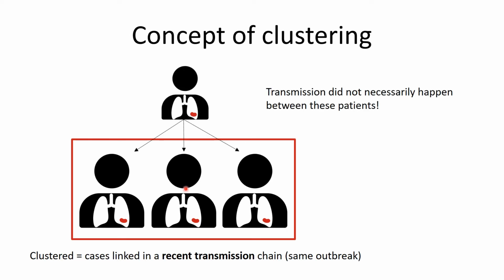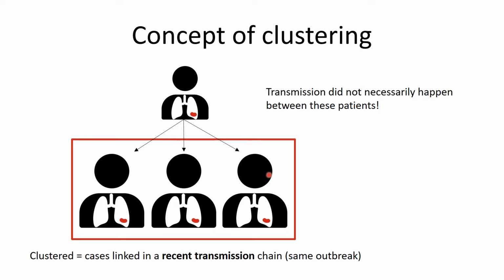And the reason is that we cannot rule out the possibility that there is another patient or other patients that we did not sample, so we don't know them and we did not sequence this strain, but actually these patients transmitted tuberculosis to these others. So again, clustering means yes, they are in the same transmission chain and they form part of the same outbreak, but not necessarily that transmission happened from one patient to the other.